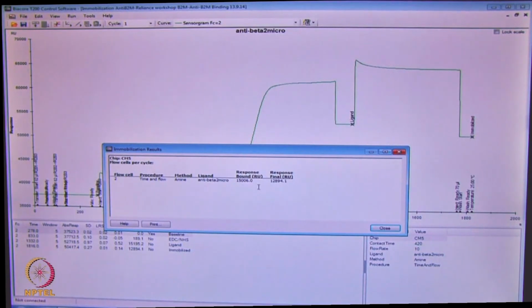The response bound represents the amount of ligand bound to the surface after ligand injection, whereas the response final best represents the amount of ligand covalently bound to the surface. So here, as we observe, 12,894 RU of anti-beta 2 microglobulin is immobilized on the surface of the chip.